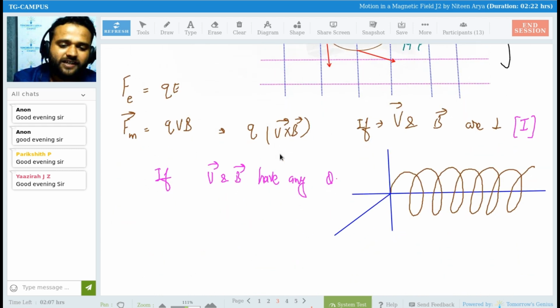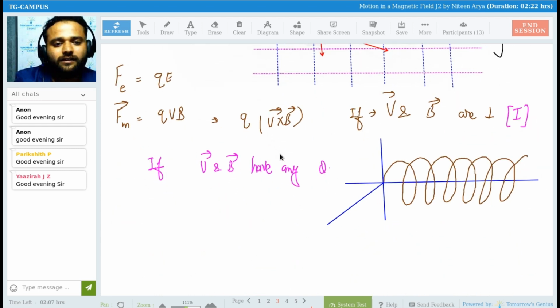If this charged particle has any angle other than 90 degrees, suppose this is your velocity, this is your magnetic field, this is your electric field, the way I gave right now. Then this theta gives the velocity two directions simultaneously. We resolve the vector.